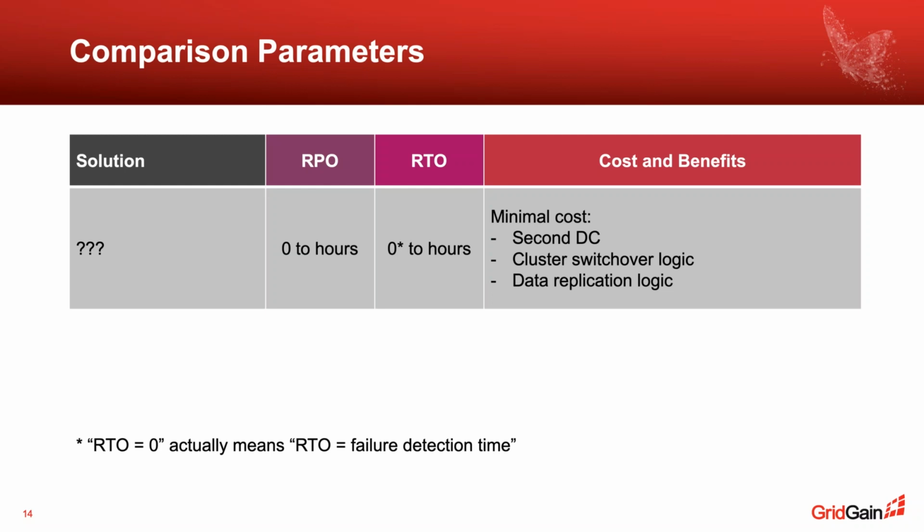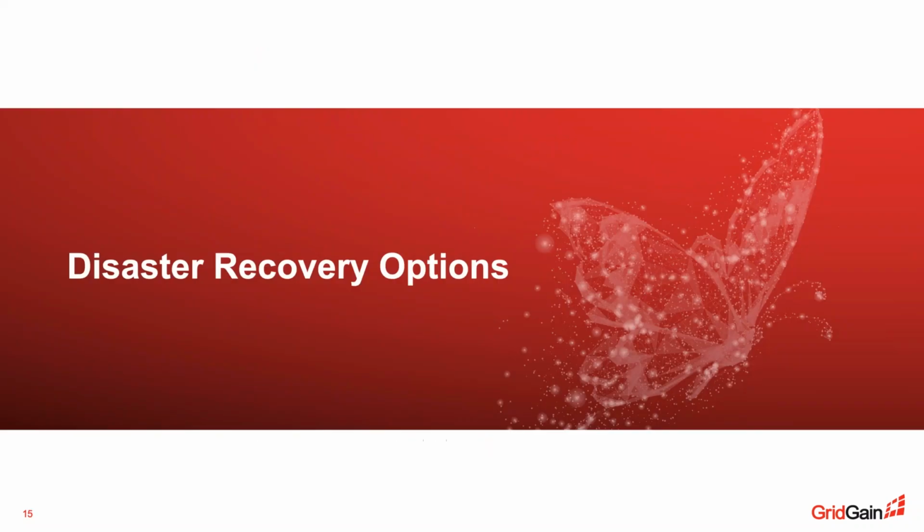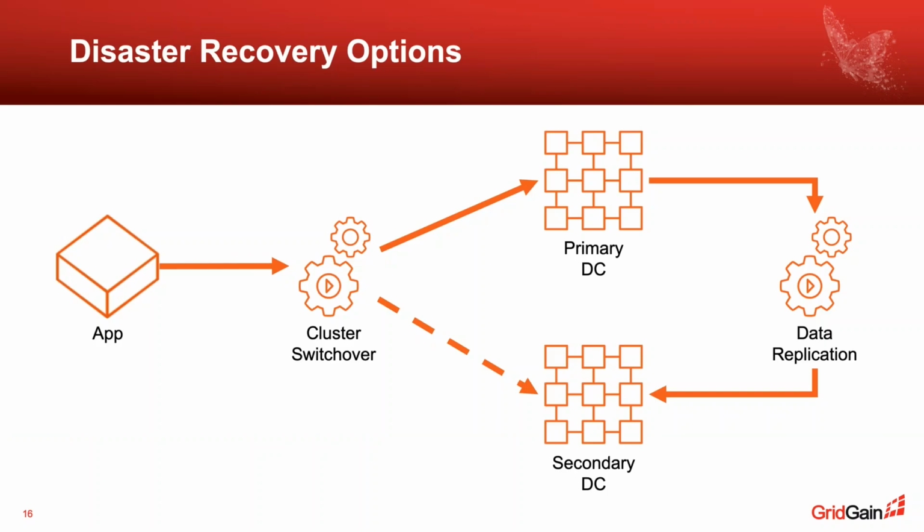We can work around it if we want to survive a crash of one data center, and also some way to implement cluster switchover and data replication. So let's look at the options that we have now.